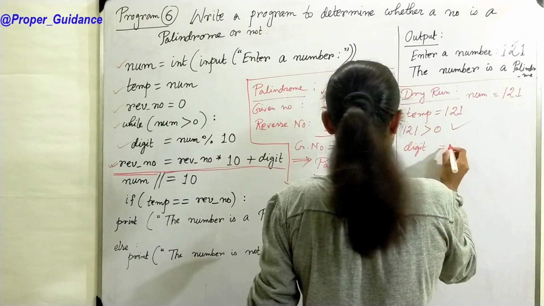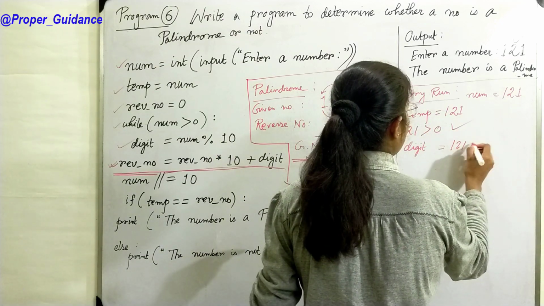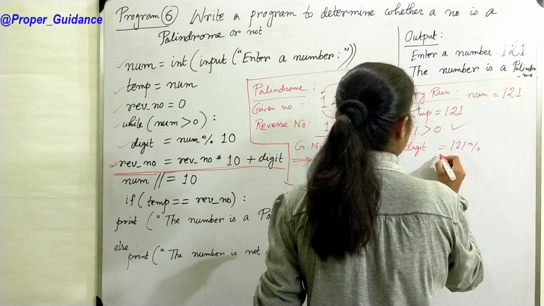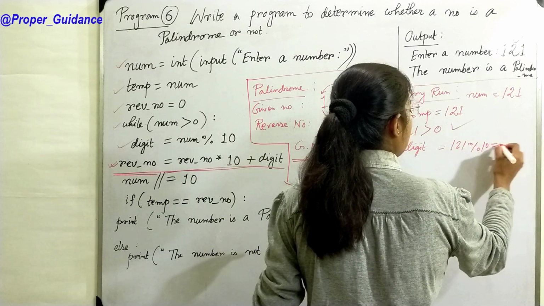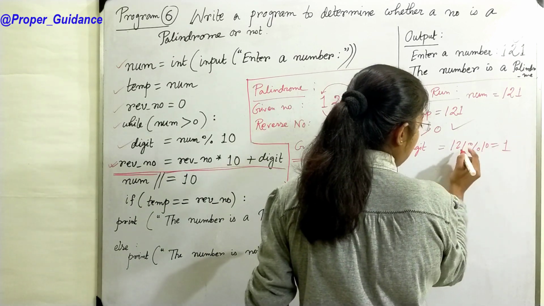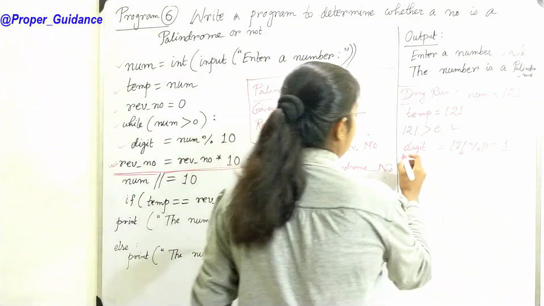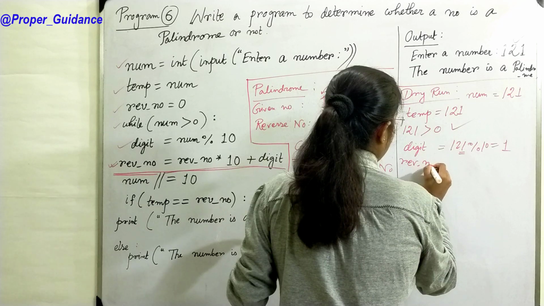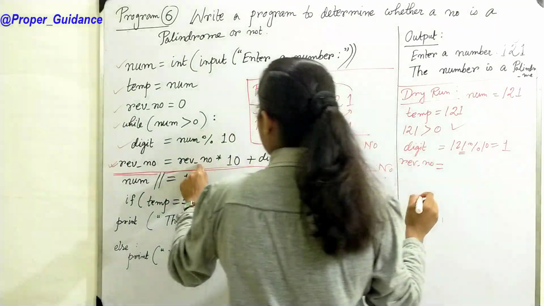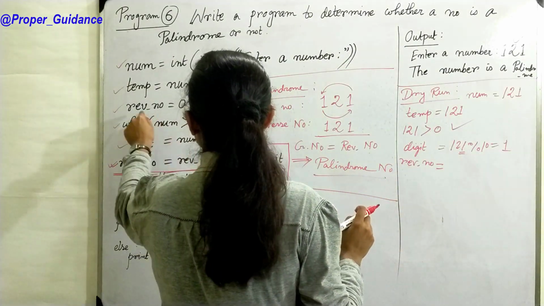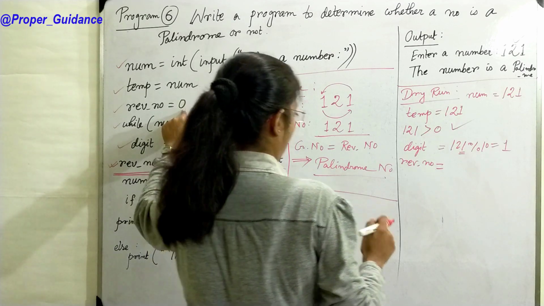When we take the modulus of 121, we will get 1 only, right? The last digit taken here is 1. And reverse number equals rev number; the first assigned value was 0, right?